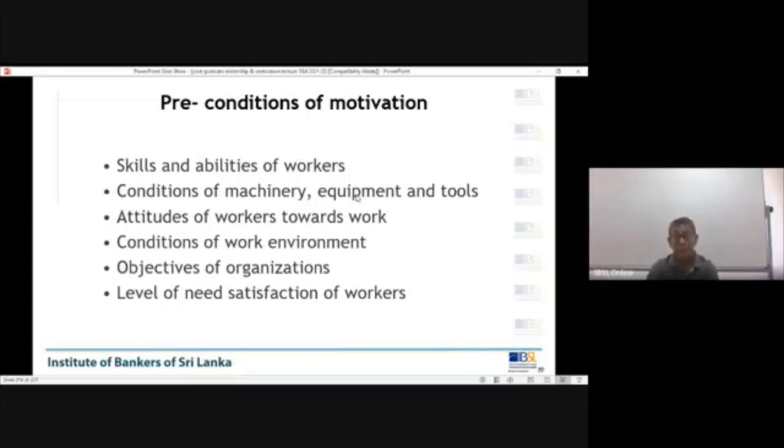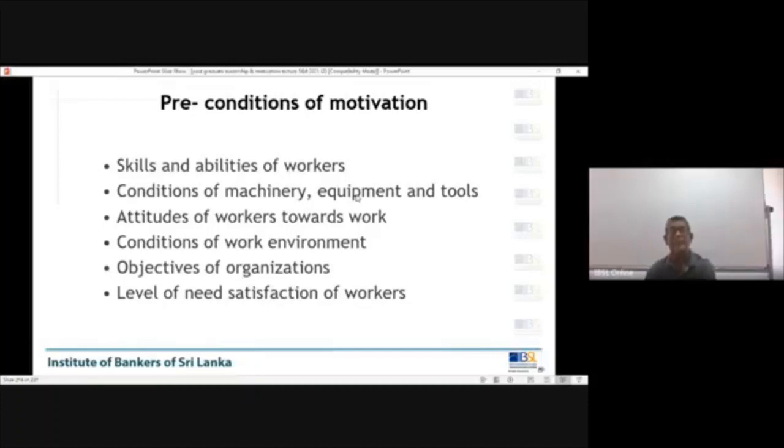And not only their competency, we need to look at the other physical factors which contribute to motivation. How capable are you if your machines, equipment and tools are old? If you are using old machinery, you cannot motivate. Okay, third point, attitude of workers towards work. So you have to have positive attitudes. Then the conditions of the work environment, objectives of the organization.